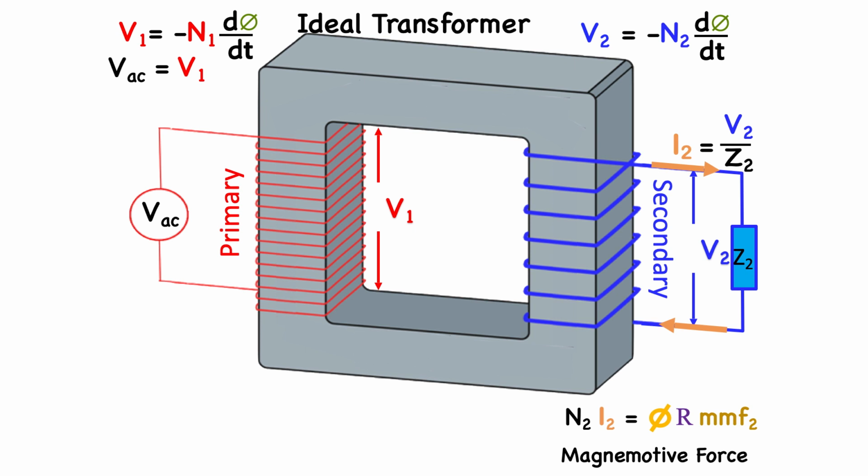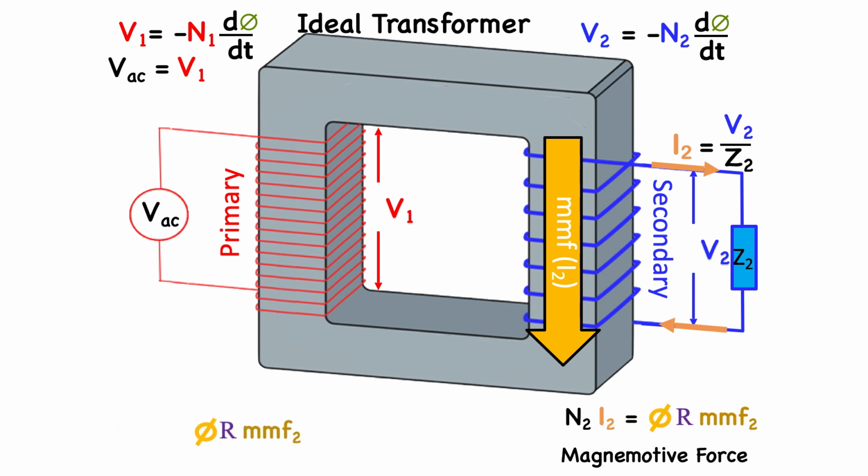The current in Z2 will produce a magnetomotive force MMF2, which is equal to N2 times I2, and cause a flux in the core limited only by the reluctance of the core material, R. Depending on the direction that the coil is wrapped in, and it may be in this direction, we'll assume that for now, this magnetomotive force, MMF2, links the primary coil, resulting in an induced current I1, which must equate to MMF2.